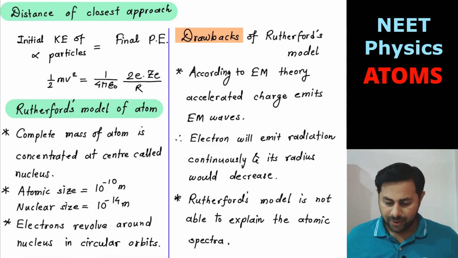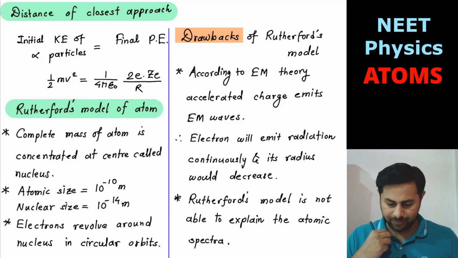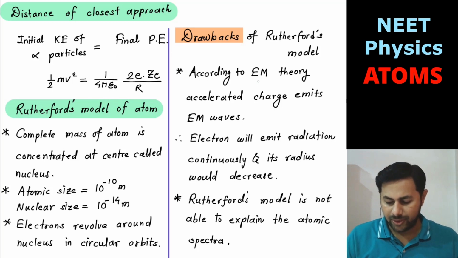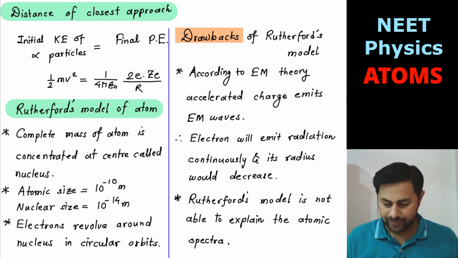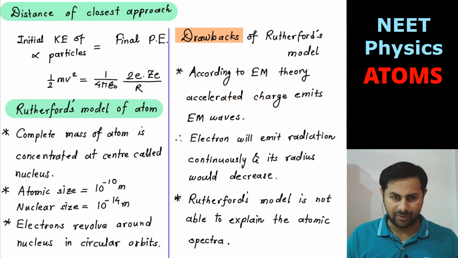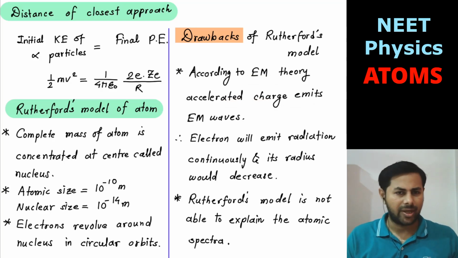Now there are certain drawbacks of Rutherford's model. So what are the drawbacks? According to the electromagnetic wave theory, an accelerated charge emits electromagnetic waves, okay. Where do the electromagnetic waves come from? They come from the accelerated charge, right.